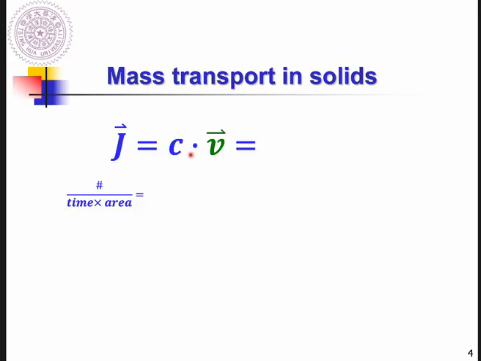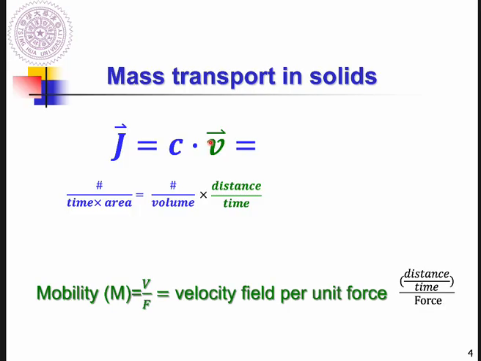It can be expressed as the concentration of these diffusing atoms, whose unit is number per unit volume, times the velocity, which is distance divided by time. So we have J equals CV, and this is a vector as well. The physical meaning of mobility is the velocity per unit force, which means that when you apply a unit driving force, that is the velocity at which the atom moves inside these materials.